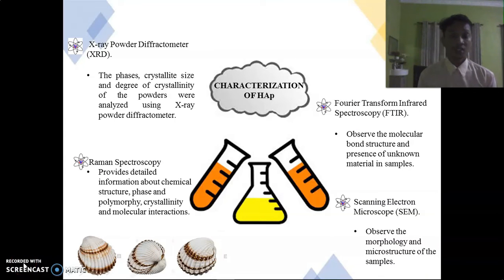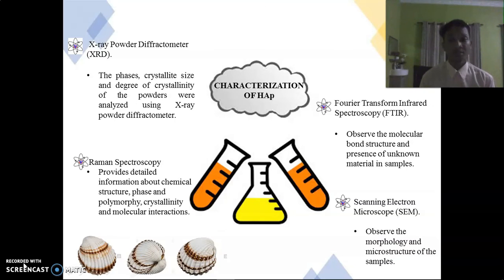Next, characterization of hydroxyapatite. I will explain each of the processes of the characterization of hydroxyapatite. First, XRD. The phases, crystalline size, and degree of crystallinity of the powders were analyzed using the X-ray powder diffractometer.